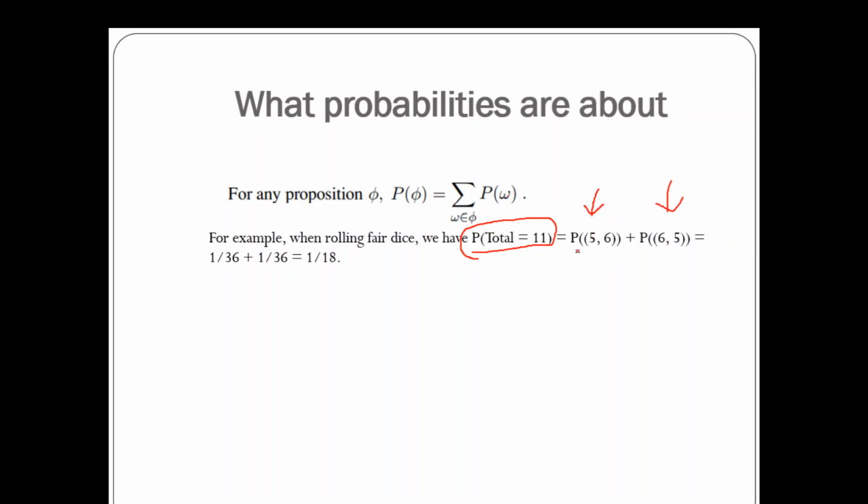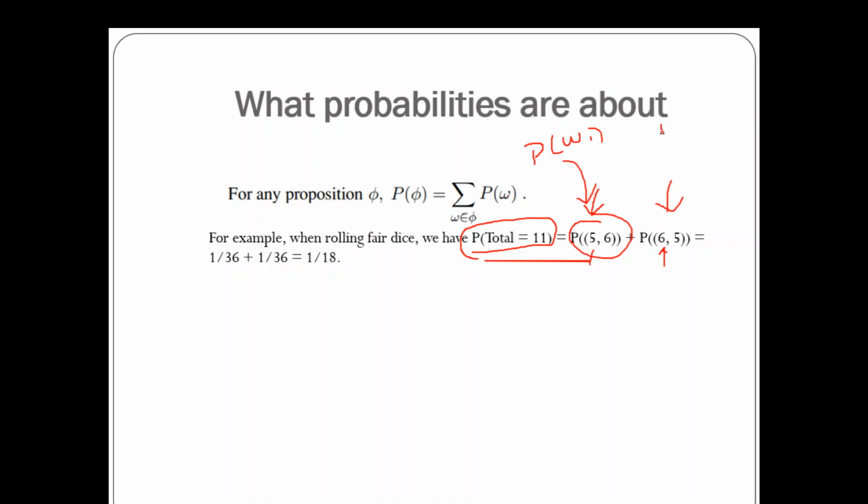Probability of (5, 6) means the first die gives a value 5 and the second gives 6. The first die giving a value 6 and the second giving a value 5 is the other case. What is the probability of this? That is the first probability of omega, so we can call it probability of omega 1, that is nothing but the probability of having (5, 6).